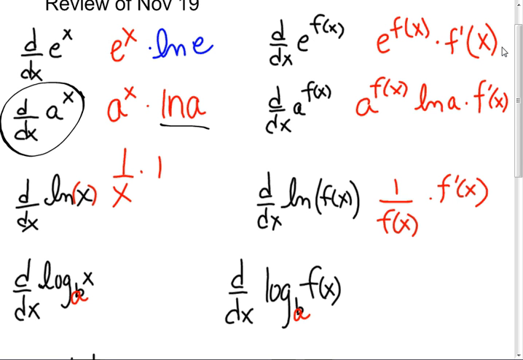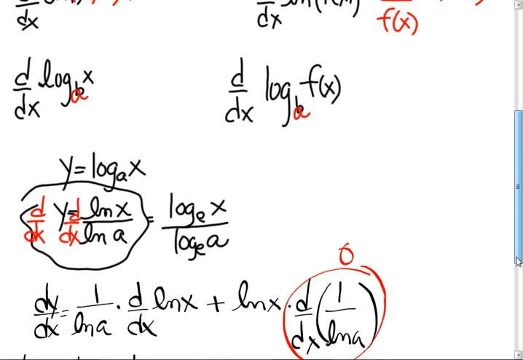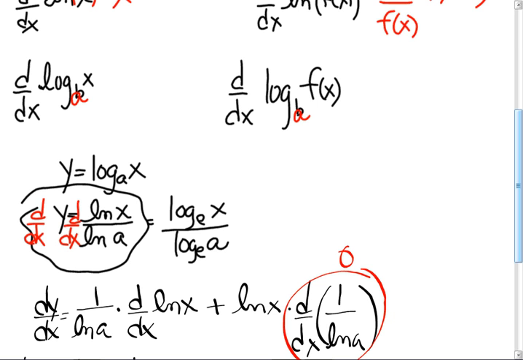So you try the next one. Okay. So this is going to be equal to, look at the patterns. The derivative here ended up being, let's clean it up a little bit, 1 over the natural log of a times 1 over x.